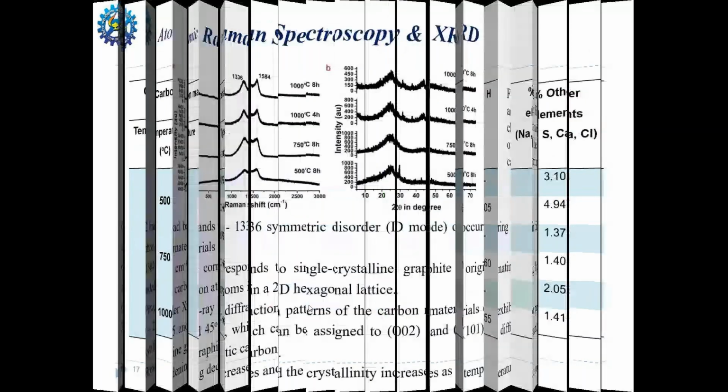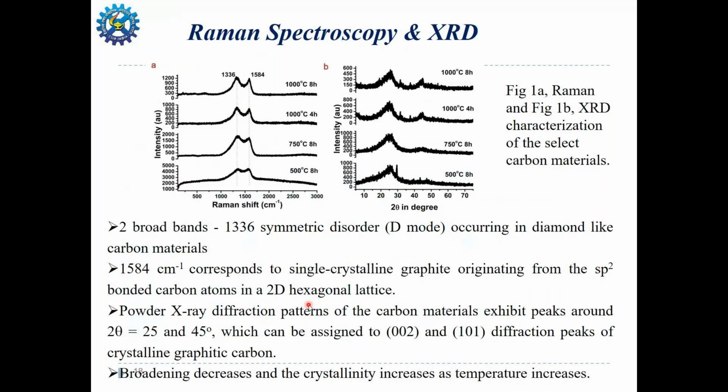These are the Raman and XRD data, which show the presence of the key bands associated with the nanocarbon material. The symmetric, broad bands show it is a single crystalline graphitic material with a 2D hexagonal lattice. The XRD data again shows the diffraction peaks associated with graphitic carbon.